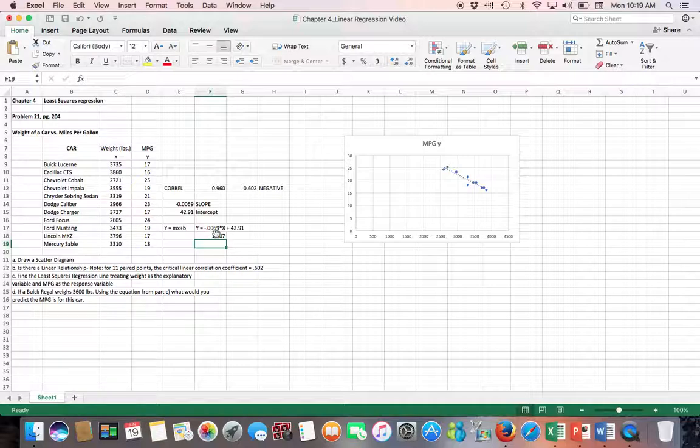We get 18 miles per gallon. One check you can make is to come over here to about 3,600 and run up to the line and see you're at 18 miles per gallon.